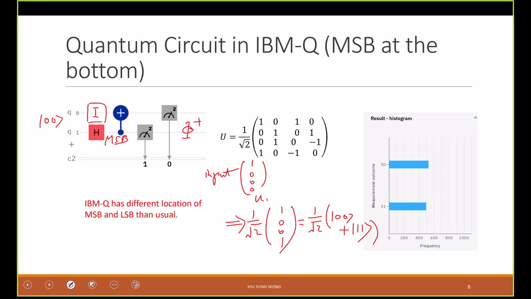As a result, it will also be the most significant bit in the output. This is the least significant bit of the classical register. And I store the most significant bit of the qubit measurement result into the most significant bit of the classical register. Okay, we just do it accordingly.